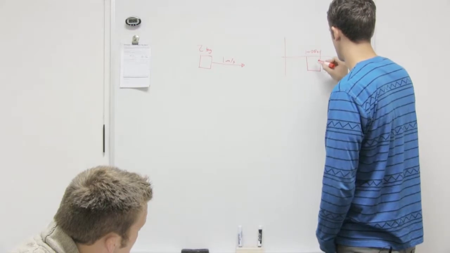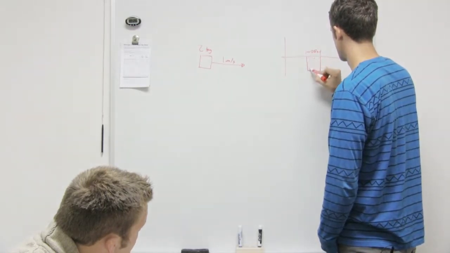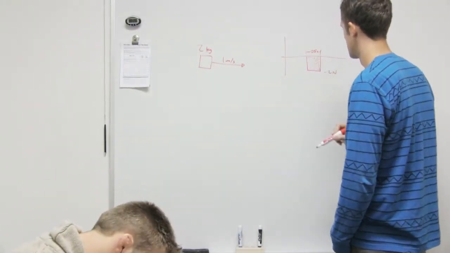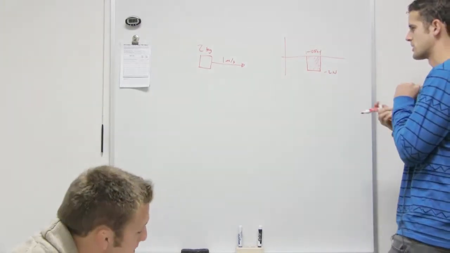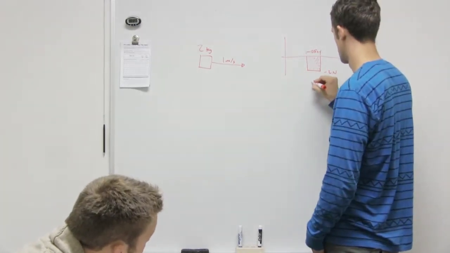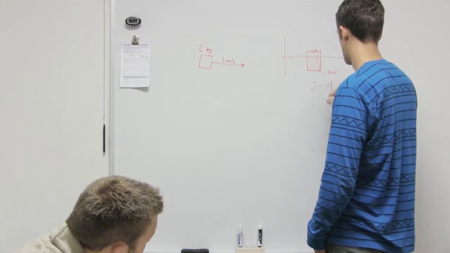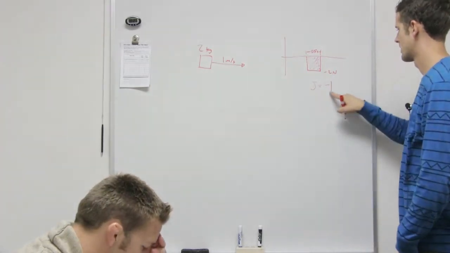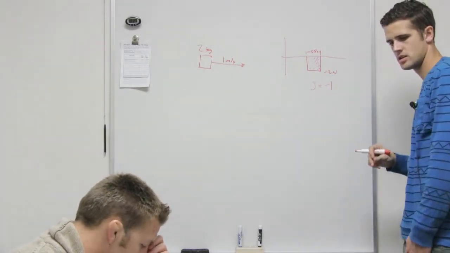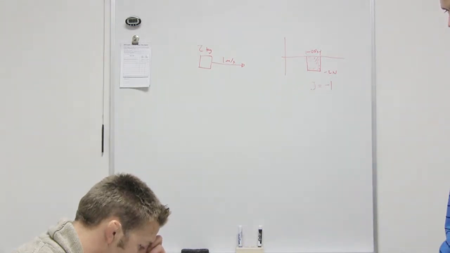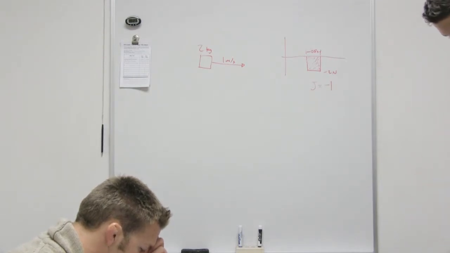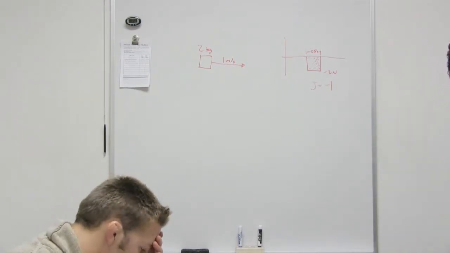That's the force, but you actually find the area of this. Oh, that's right. It's the area. Yeah, that'd actually just be -1. So this area is -1, right, because it's 0.5 seconds times -2 newtons. Oh, okay.